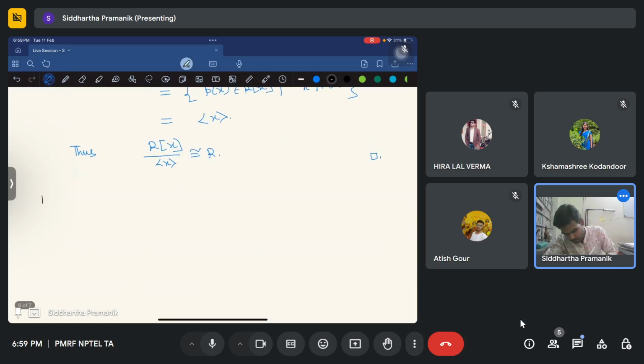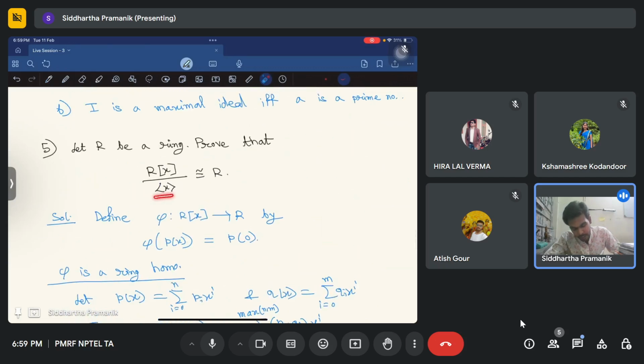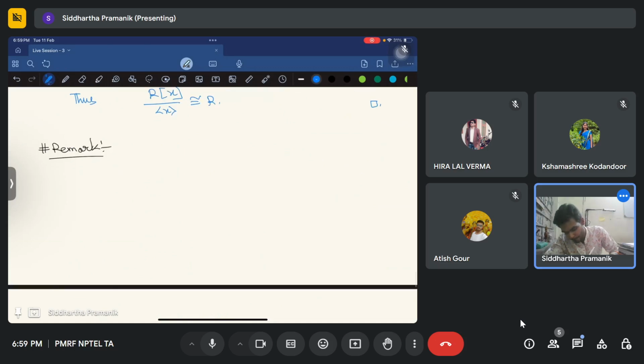Now from this, we can easily conclude that, so the question is when this ideal generated by x is a prime ideal and when it is a maximal ideal of R[x]. So the ideal generated by x is a prime ideal of R[x].